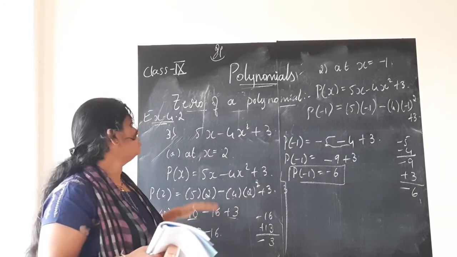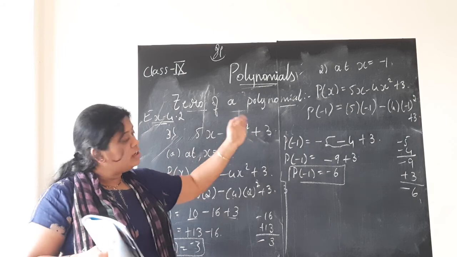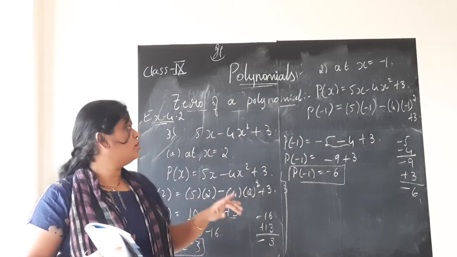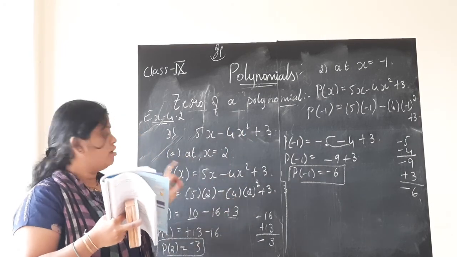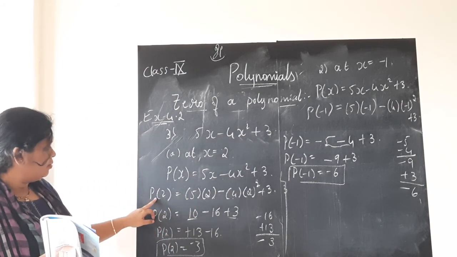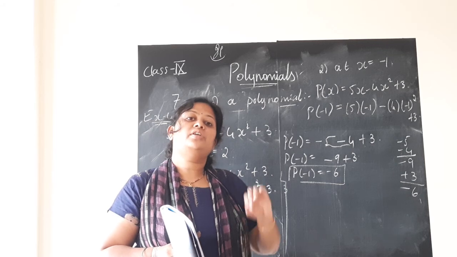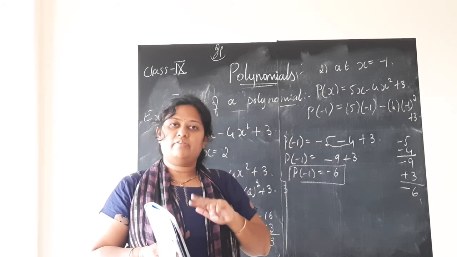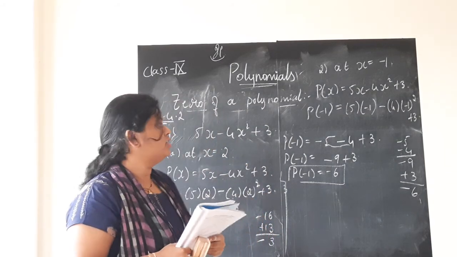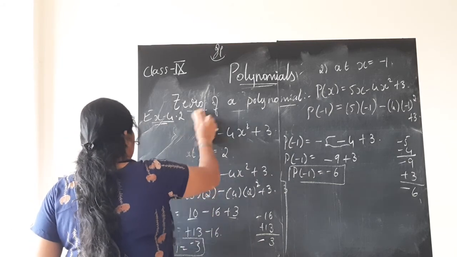Here different polynomials are given, and for each polynomial P of 0, P of 1 and P of 2 means, you will substitute 0, 1, 2 in place of that variable and find out. That is what they have asked. How? We shall see now.